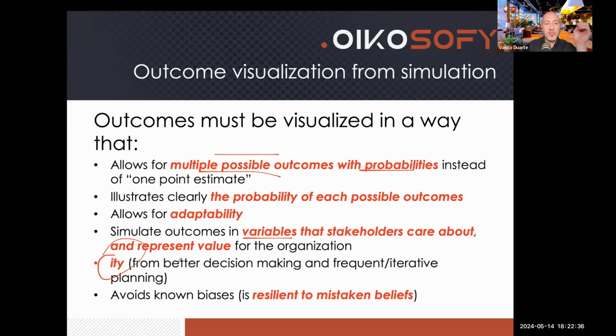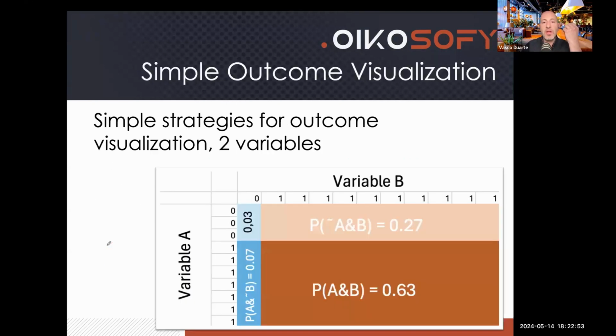And we need to have the ability to process this information. We'll talk more about that in one of the later goals. And we need to avoid known biases. Now, all of those are too many. There's too much detail here. So let's translate this into something visual.